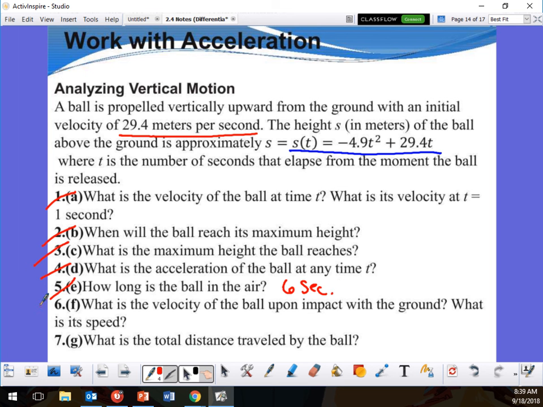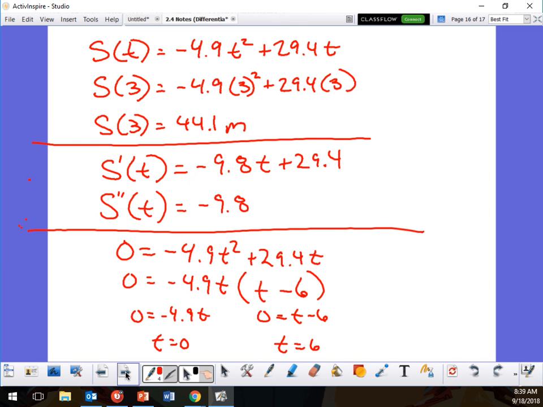What is the velocity of the ball upon impact with the ground? What is its speed? Okay? So we know when t equals 6, that's when it's going to hit the ground, right? So my second derivative, s double prime of t, what do we come up with?